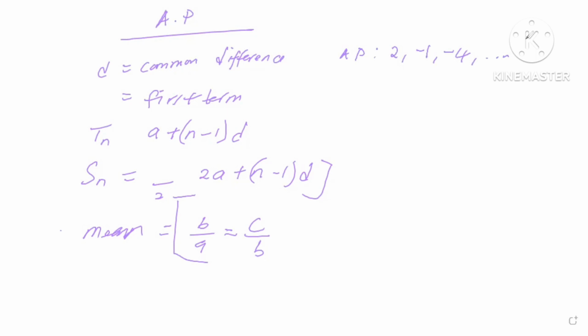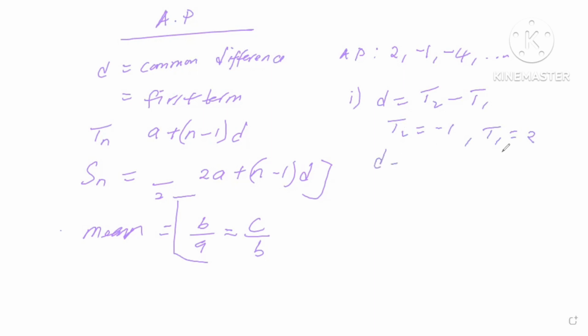Now they're telling us to find the common difference from this. So how do we find the common difference? D is found by T2 minus T1. Our T2 is the second term, -1, and T1 is just 2. So you just replace in the formula.